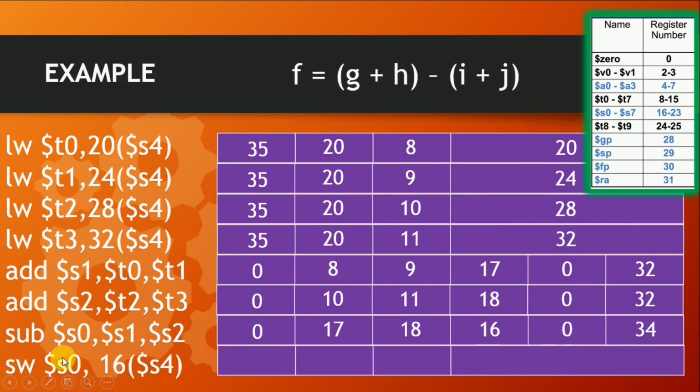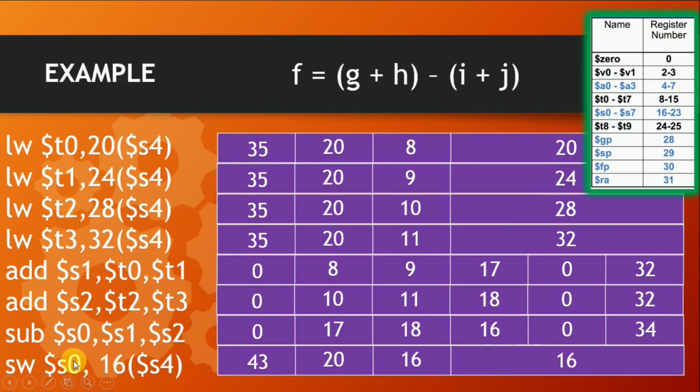For storing, the last one, it is an immediate instruction, its opcode value is 43, and destination register is S4 and source register is S0, so S0 will be filled here, and my offset value 16.